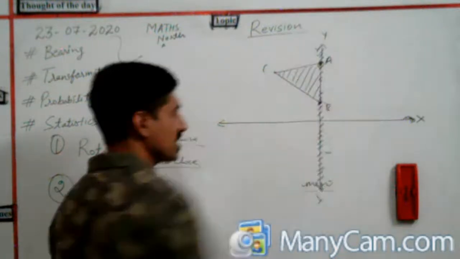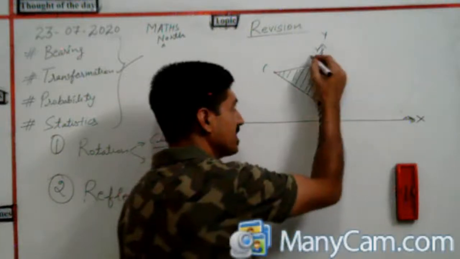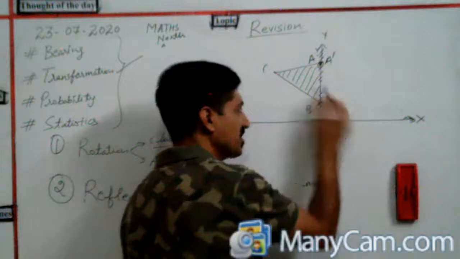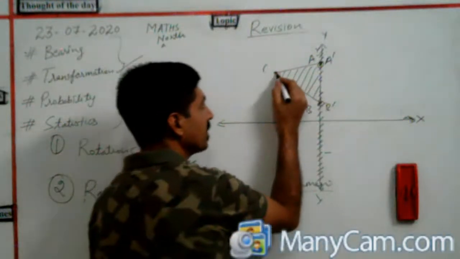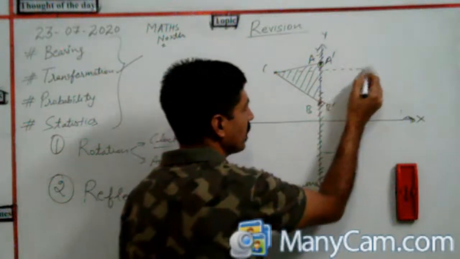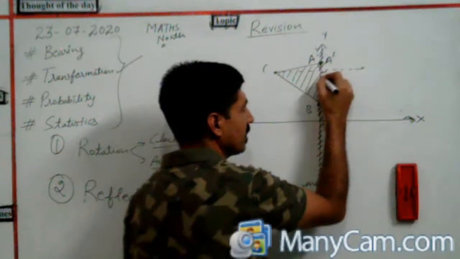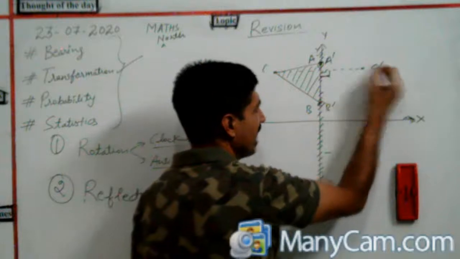How to go for its reflection? The point A dash will remain the same, B dash will remain the same. Only the point C will change. The same distance this side, perpendicular distance. This is always a perpendicular distance. So here this is C dash.